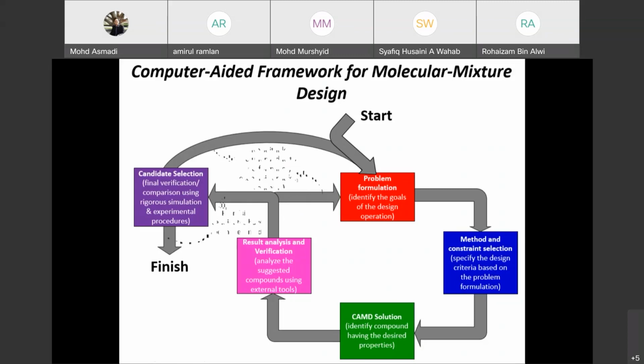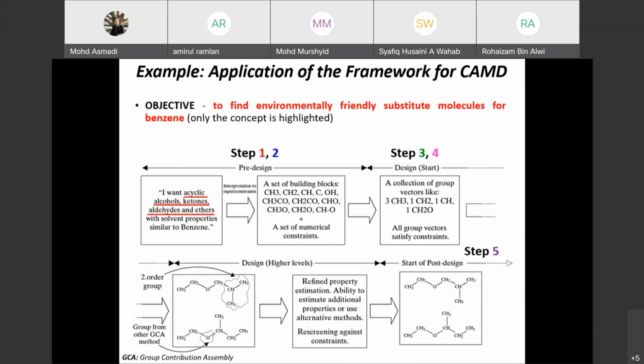So kalau nak tengok typical application untuk framework ni adalah yang ni lah. So objektif dia kalau tengok kat sini, to find an environmentally friendly substitute molecule for benzene. Benzene ni sebenarnya, yelah, kalau tengok pun memang carcinogenic, right? Kalau sekarang ni dekat universiti pun kita dah ban components like hexane, we have to find the substitute for the hexane.